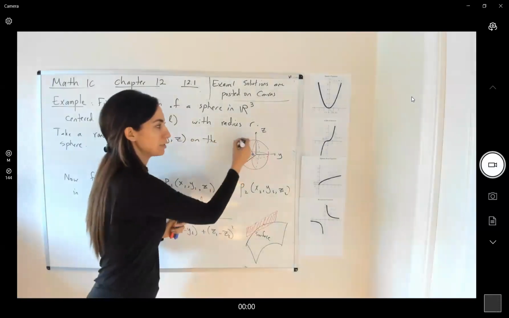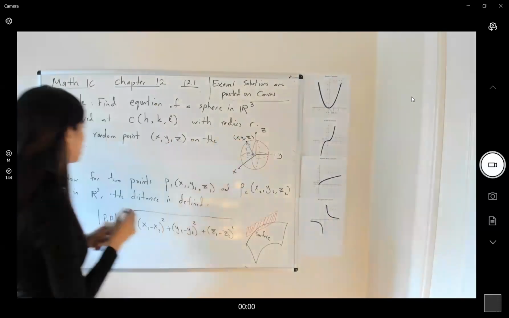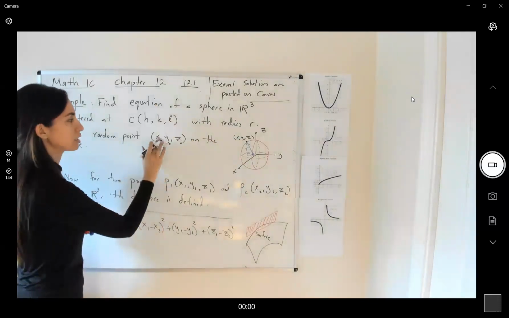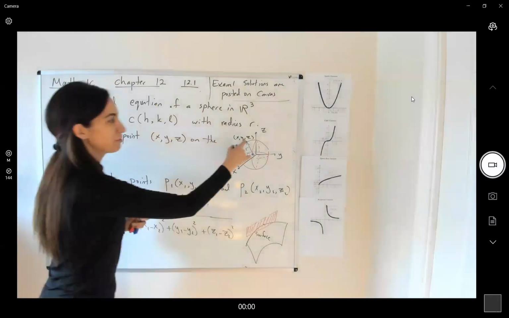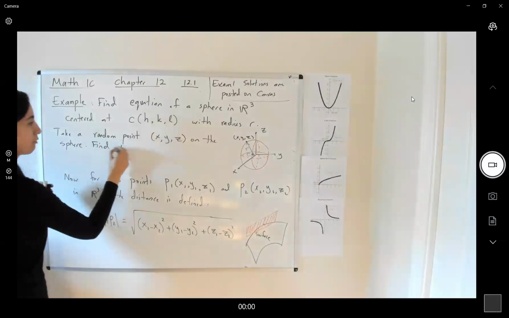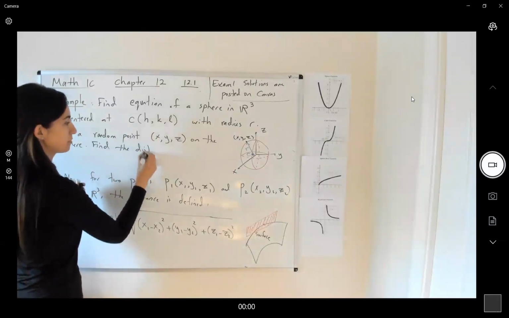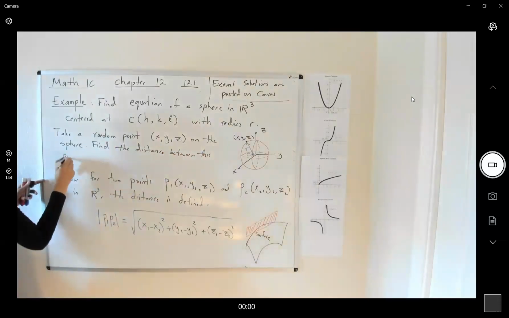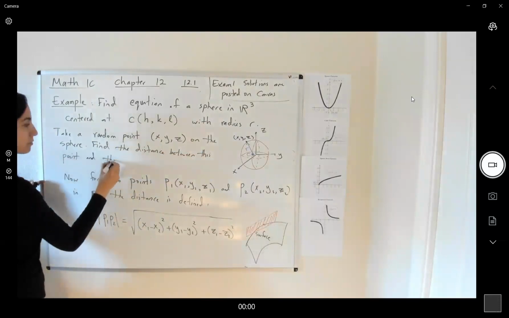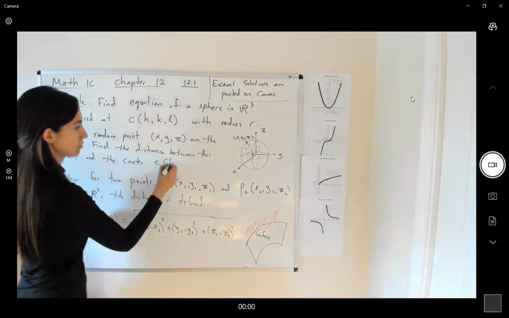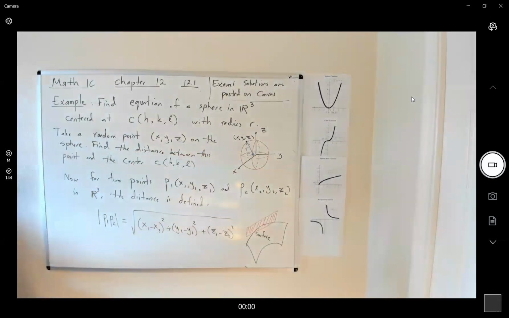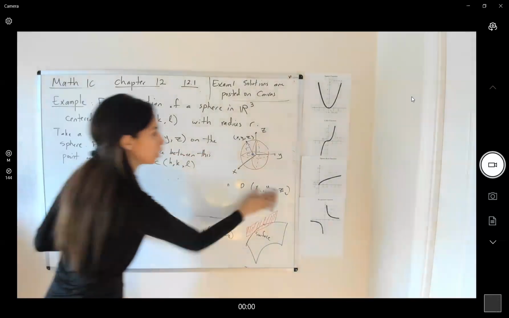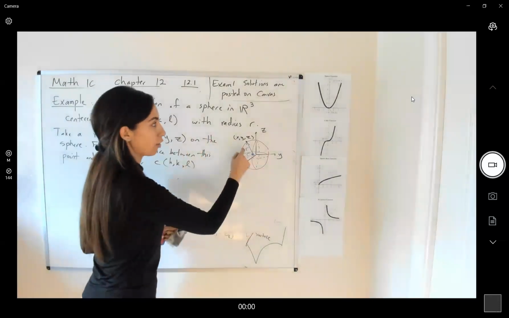We find the distance between that point, X, Y, Z, you can just put X sub 0, Y sub 0, Z sub 0, it doesn't matter, and the center C, H, K, L. And at the same time, you know that this distance is defined as R.